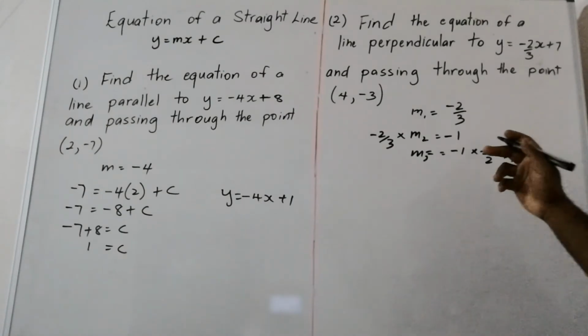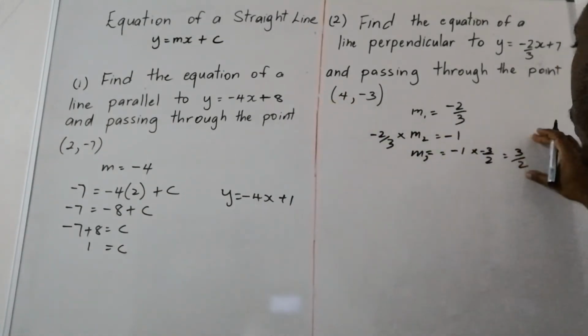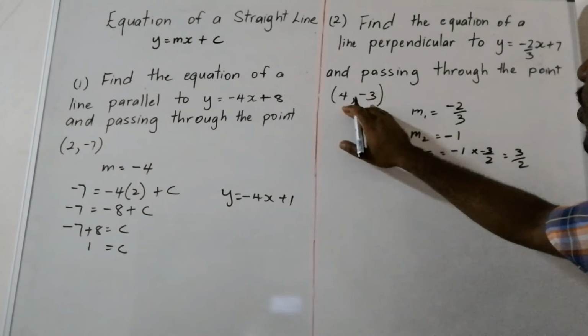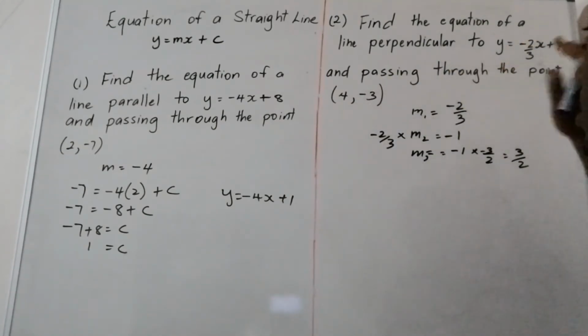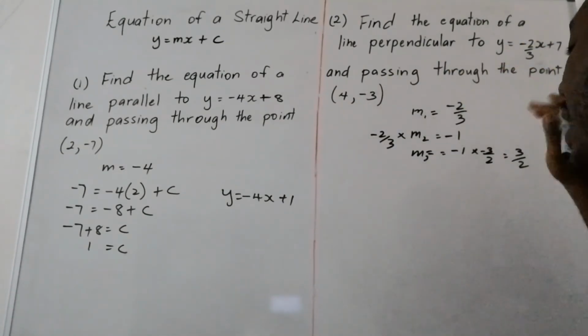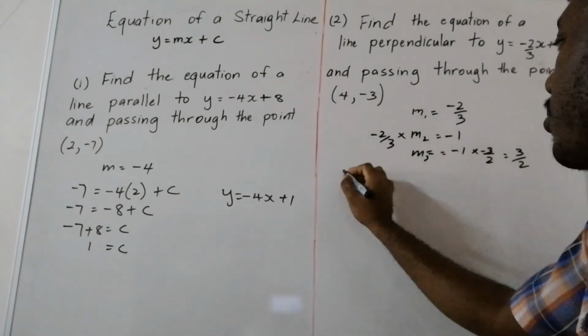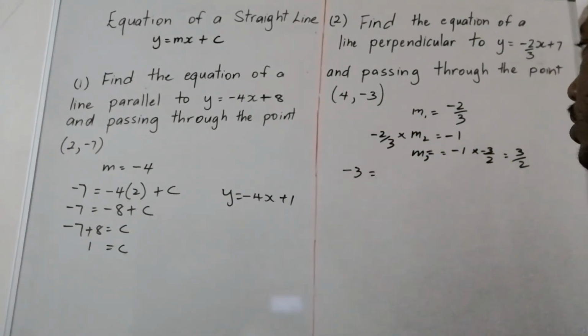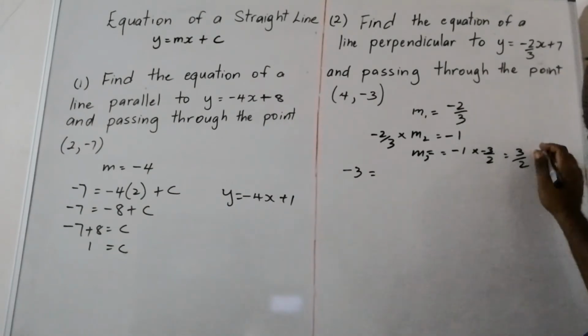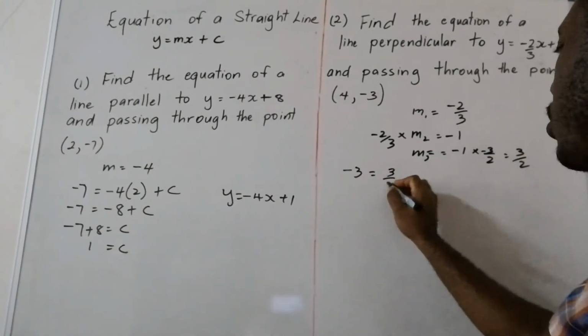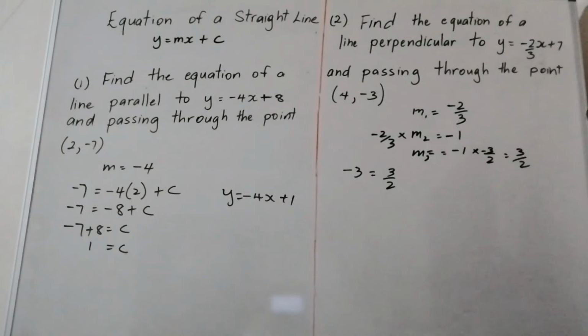So using that now, and substituting our gradient and the point, we can find where it cuts the y-axis, the y-intercept. So we're using this point. -3 is equal to our gradient here, 3/2. That's the gradient of the perpendicular line.